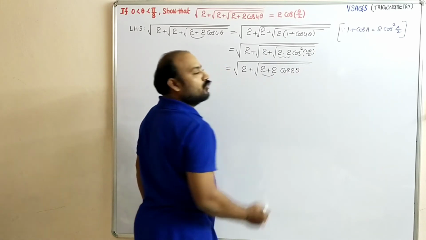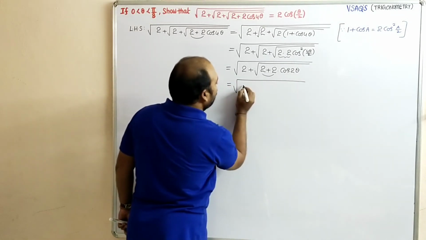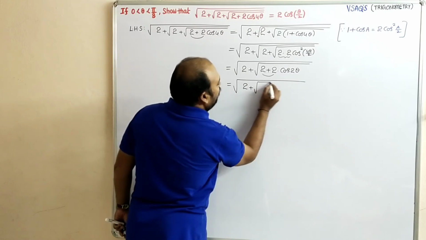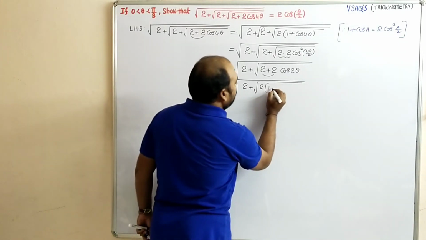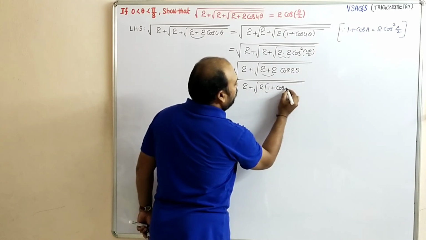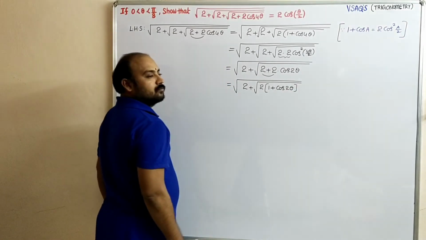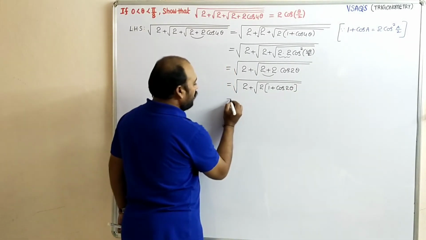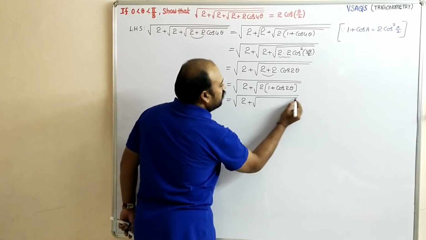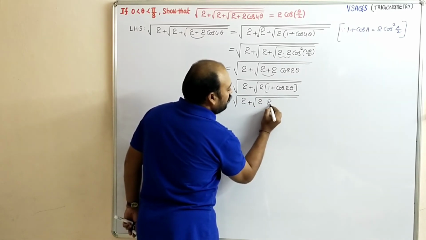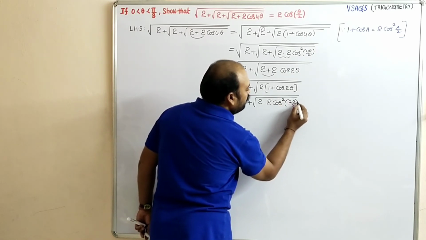Again take common 2 from these two, which is equal to square root of 2 plus square root of 2 into 1 plus cos 2 theta. Again 1 plus cos 2 theta you have to write as root of 2 plus root of 2 into cos square 2 theta divided by 2.